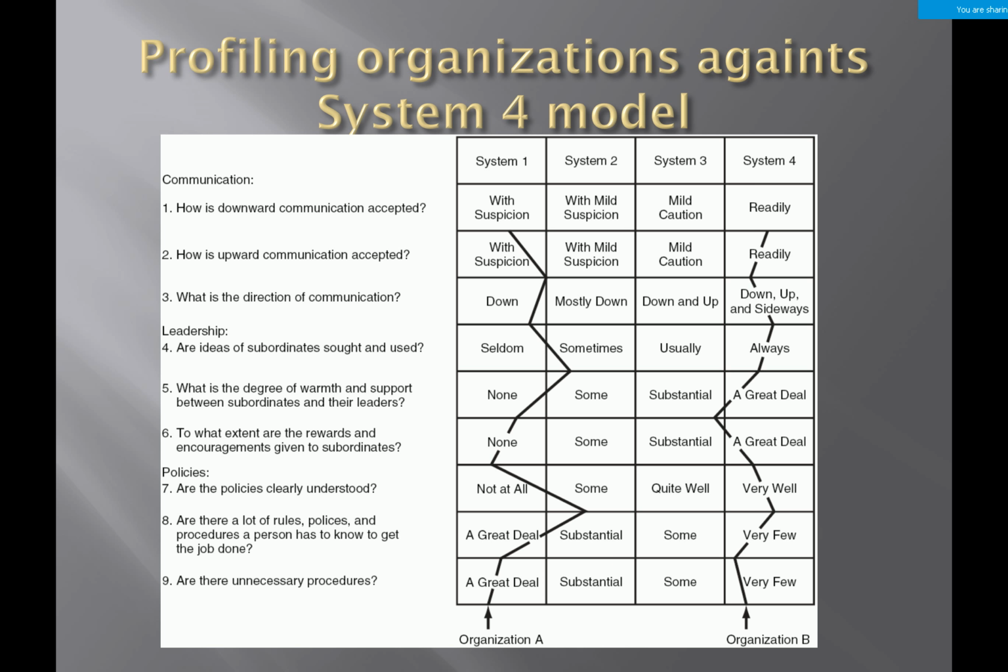How is upward communication accepted? Is it with suspicion or readily? What is the direction of communication? Down only, or down, up, and sideways? Or mostly down? Down and up?